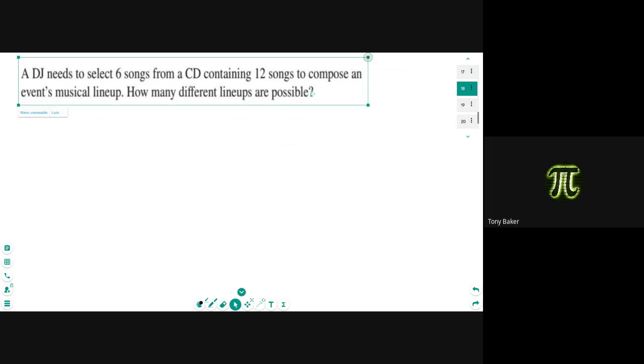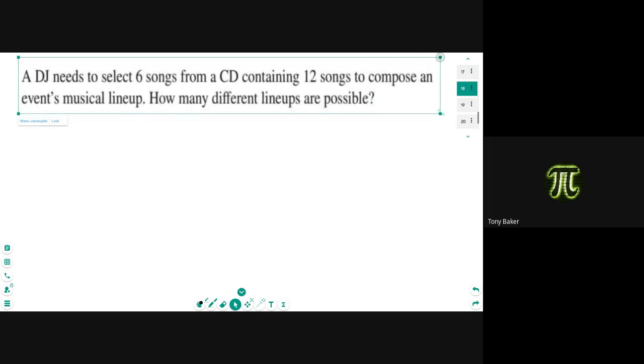Does order matter? If I play Blank Space before Cowboy Anthem, does it matter if I play the other one first? Does it make a difference?